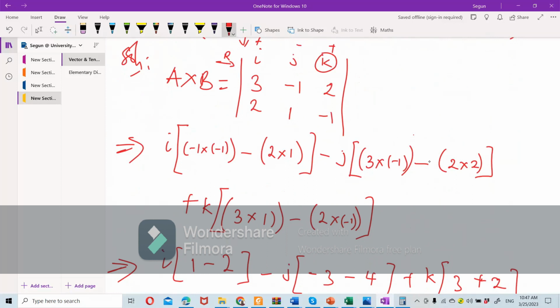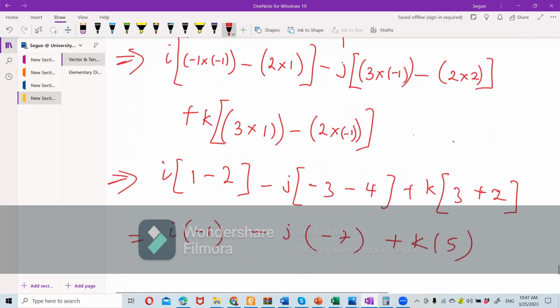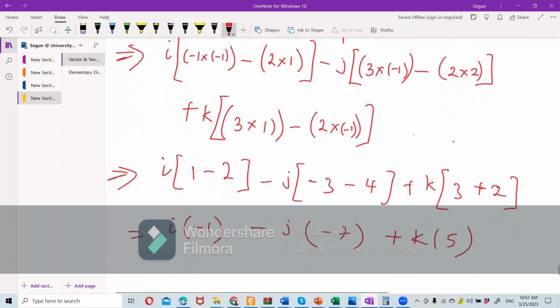This one will also paralyze. Remain 3, 1, 2 multiplied by -1. Are you okay with that? I've seen it now, sir. Okay. Any other question, please? No, sir. Okay. Let's continue.